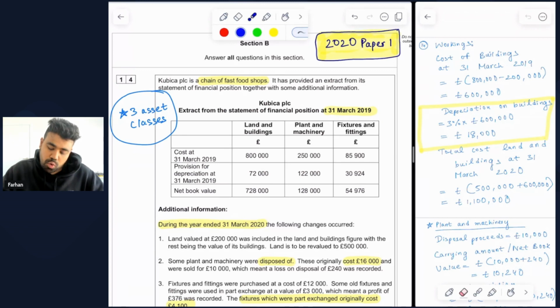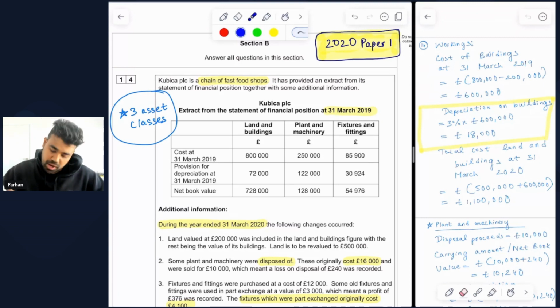If you ask me where I got the original cost and the total provision for depreciation from, you can check the table and you'll find that at 31 March 2019, which is the ending balance from previous financial year, the original cost was £250,000 and the provision for depreciation was £122,000, which already gave the net book value to be £128,000. This gets transferred as the opening balance at 1 April 2019, being the net book value of £128,000, which is the same thing as 31 March 2019.